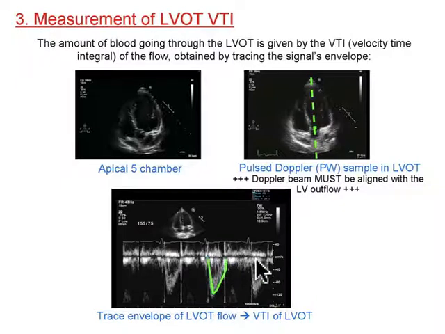The x-axis is time, the y-axis is velocity, and this little envelope right over here is the velocity time integral. That value, in combination with the LVOT area, times heart rate, will give you cardiac output.